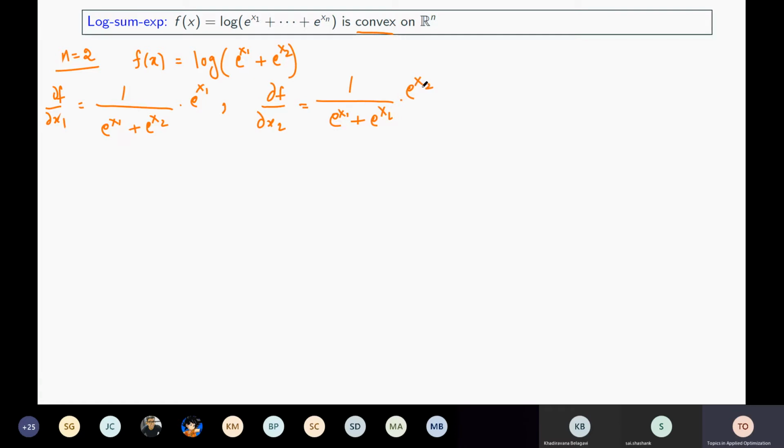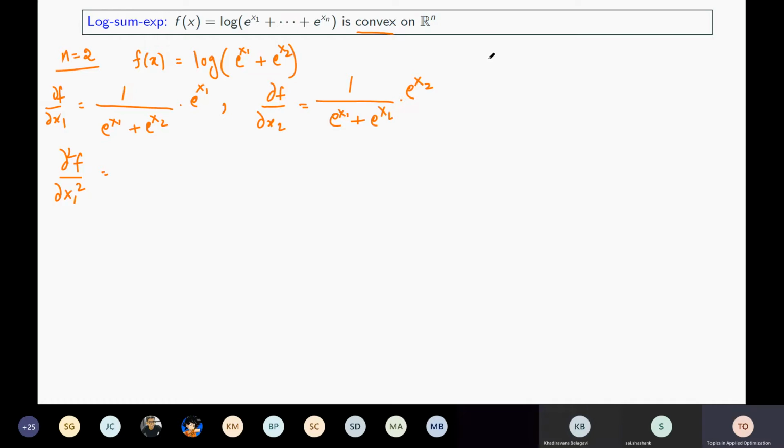Then we can compute the second derivative, because that's what we need. So del squared f by del x1 squared. We can apply the quotient rule here.